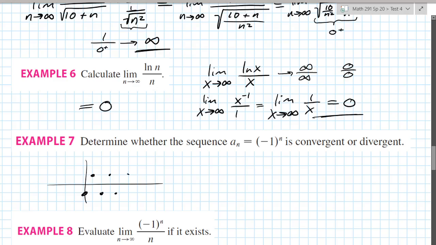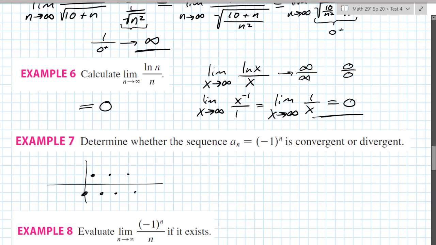So does that converge? And the answer is no, it does not converge because it's alternating between positive 1 and negative 1.